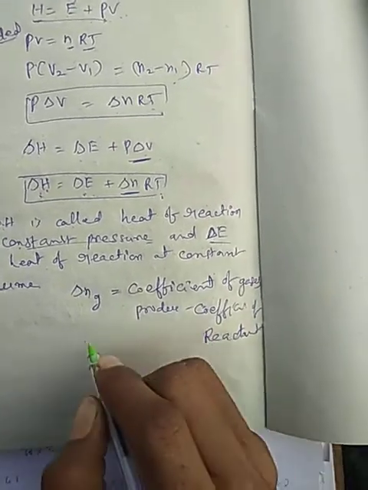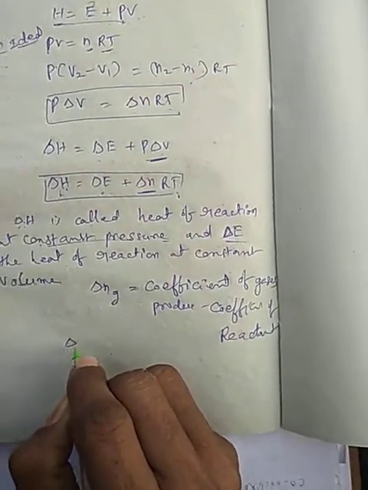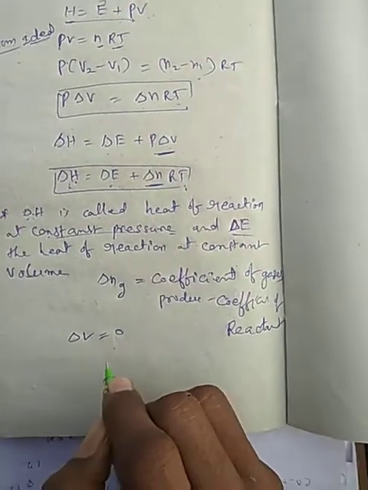Now in this case we can write delta V is equal to 0.